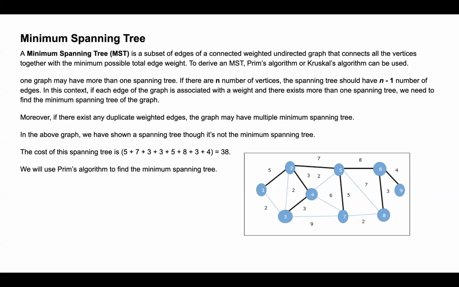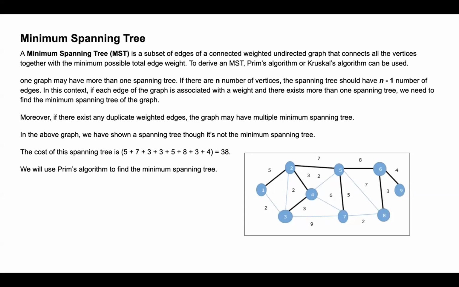To derive a minimum spanning tree, Prim's algorithm or Kruskal's algorithm can be used. One graph may have more than one spanning tree. If there are n vertices, the spanning tree should have n minus 1 edges. That is the property we already have seen.